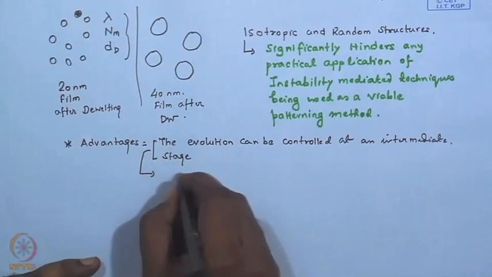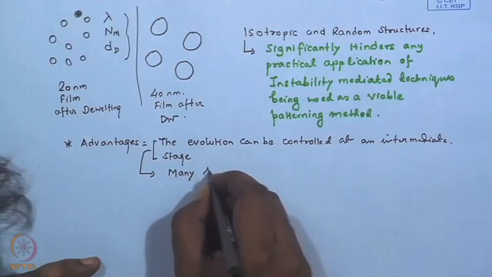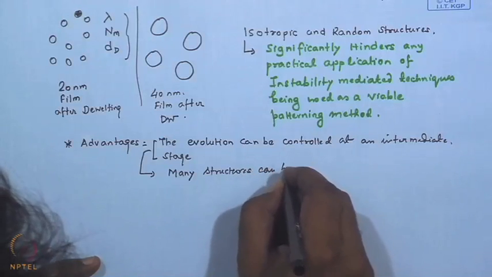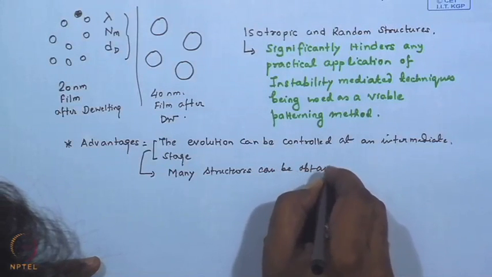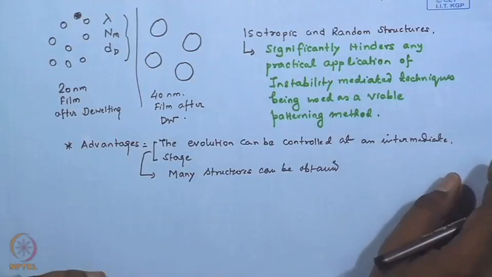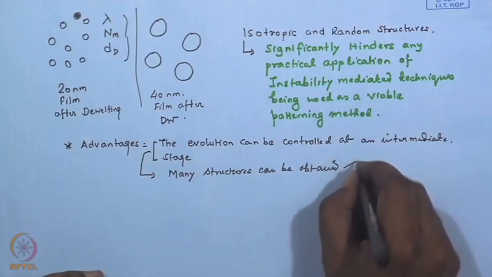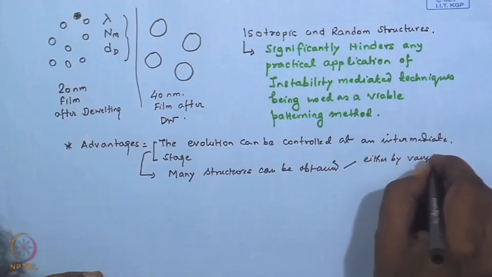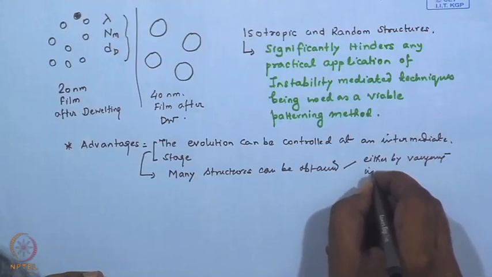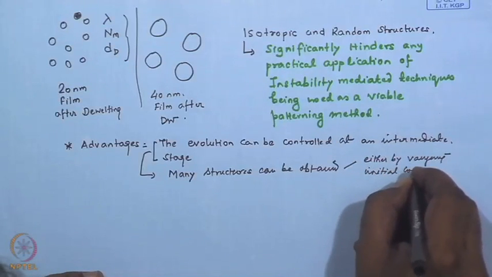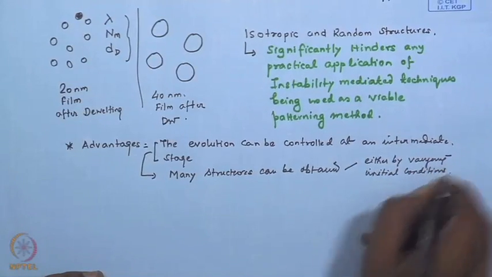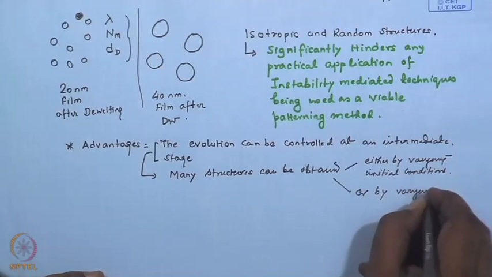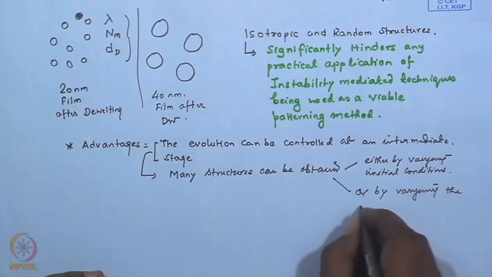So, many structures can be obtained either by varying the initial conditions or by varying the physical parameters.